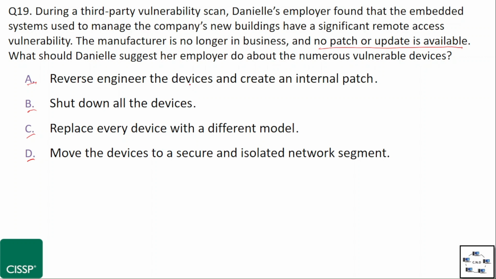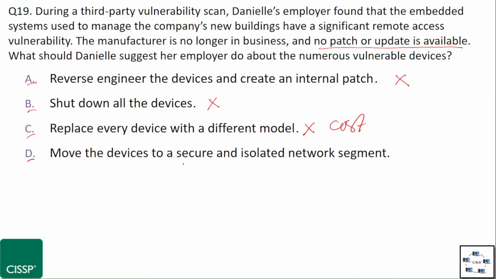Reverse engineering the devices and creating an internal patch might not be possible because these are third party or vendor devices. Shutting down devices does not make sense because you are giving up all your company functionality and services. Replacing them is also not a viable solution because it will be cost prohibitive.